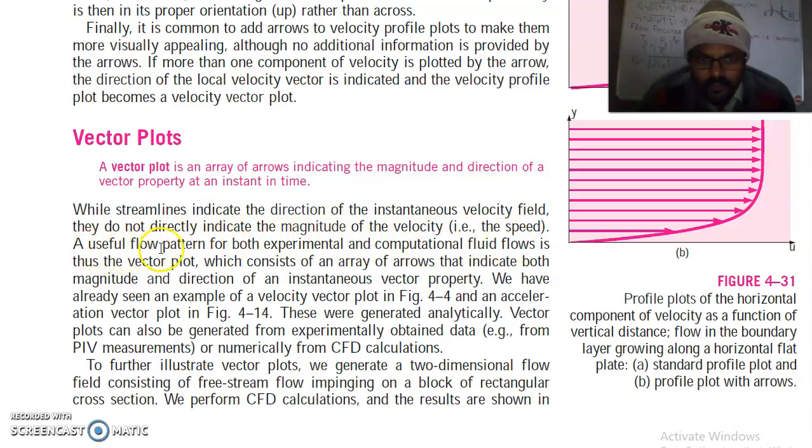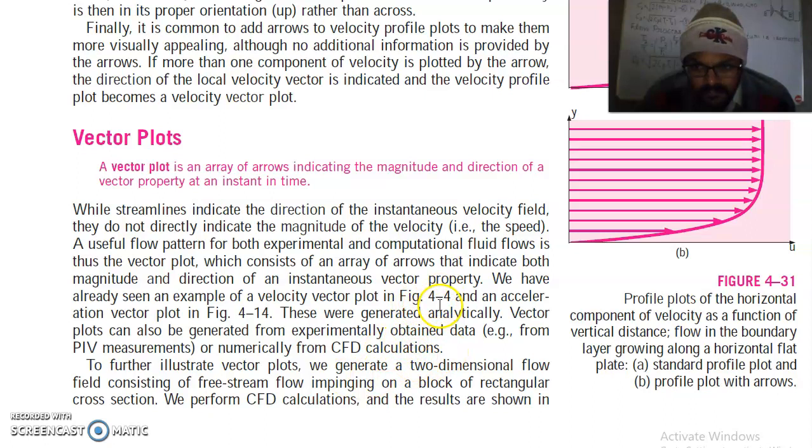A useful flow pattern for both experimental and computational fluid flows is thus the vector plot, which consists of an array of arrows that indicate both magnitude and direction of an instantaneous vector property. These were generated analytically. Vector plots can also be generated from experimentally obtained data, from PIV measurements, or numerically from CFD calculations.